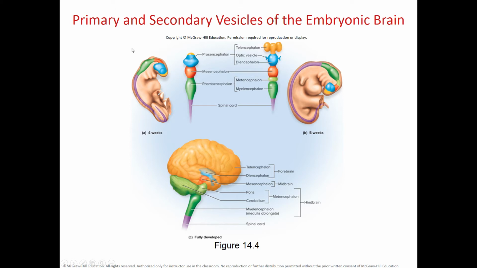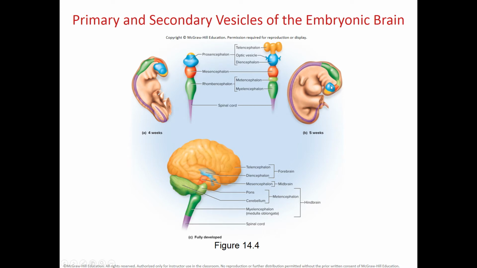So here is the lateral view of the embryo at week 4. You can see here we have the spinal cord. This will be the rhombencephalon, mesencephalon, and prosencephalon. And then at this point, the prosencephalon starts to divide into the telencephalon in yellow and the optic vesicle in blue.